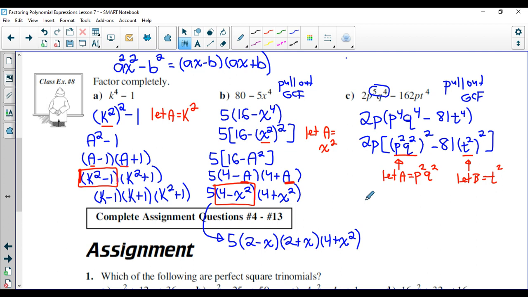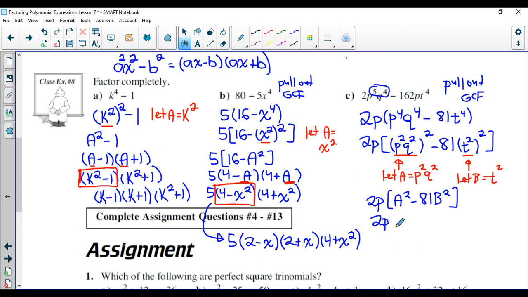So if I rewrite this out, this would then look like 2p, and then I'd have in brackets a squared minus 81b squared. So by doing the substitution, it makes it a lot easier to visualize and also to determine what the factors are going to be. Okay, so this would be 2p.